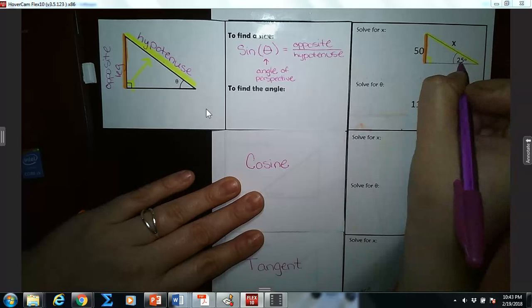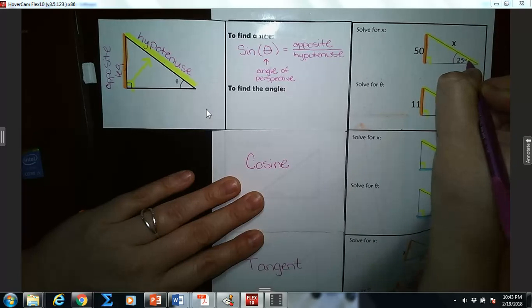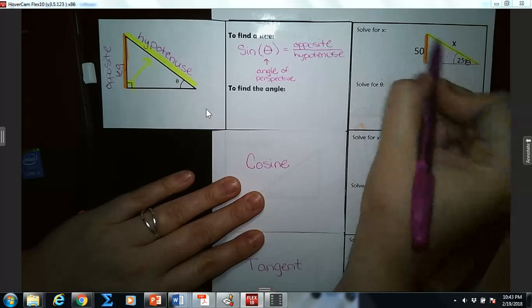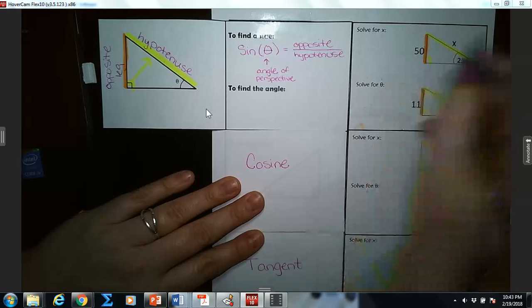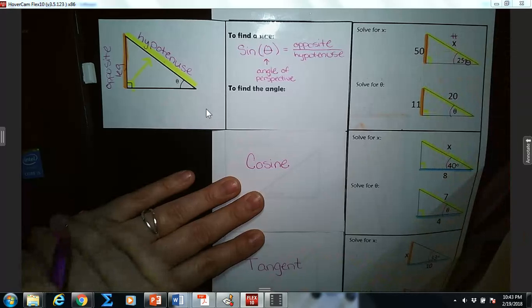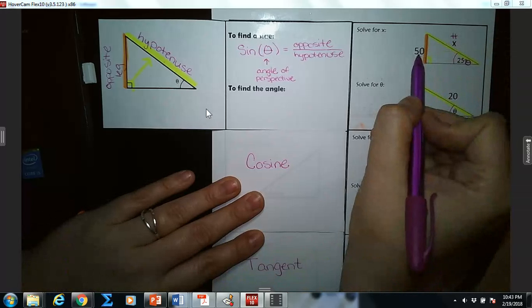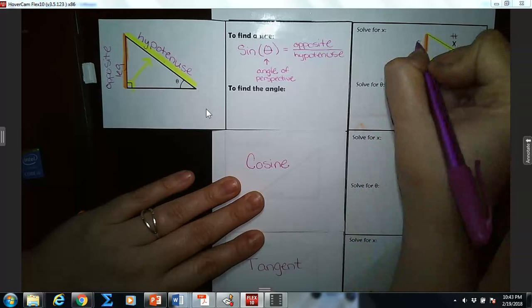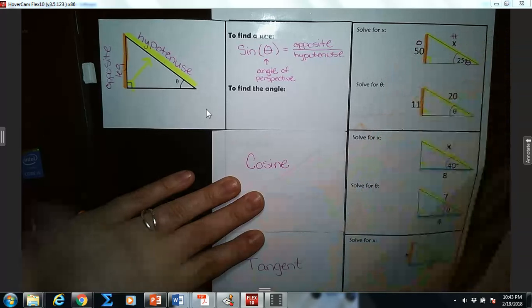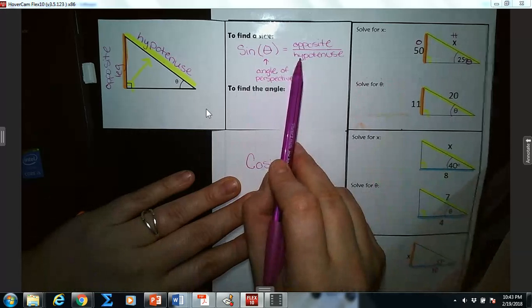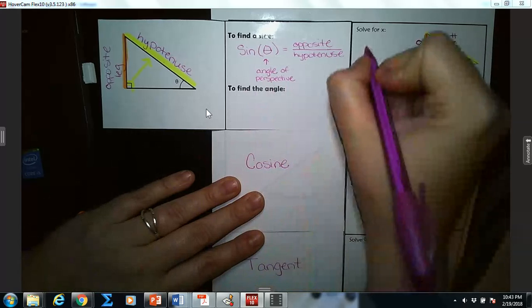25 is our angle of perspective. That's theta. Label that theta. Our hypotenuse is across from the 90-degree angle. That's x. I'm going to label that h for hypotenuse. 50 is across from the angle of perspective, so that's our opposite leg. I'm going to label that O for opposite. So to plug all of these values into this formula, it would read like this.